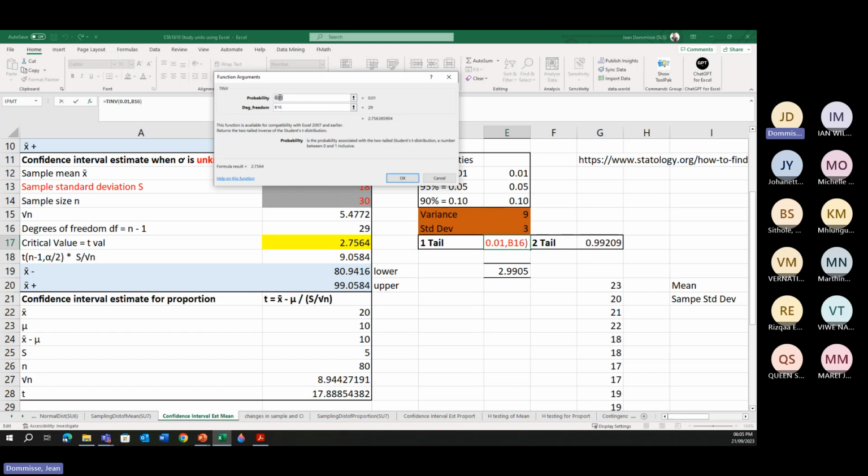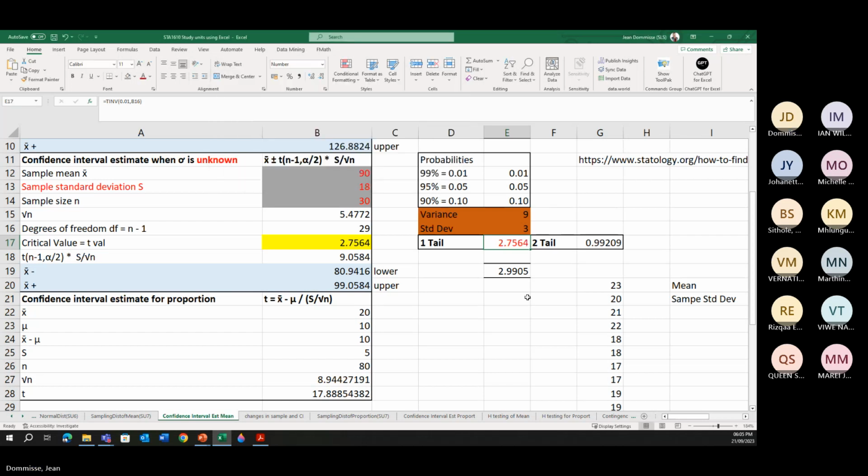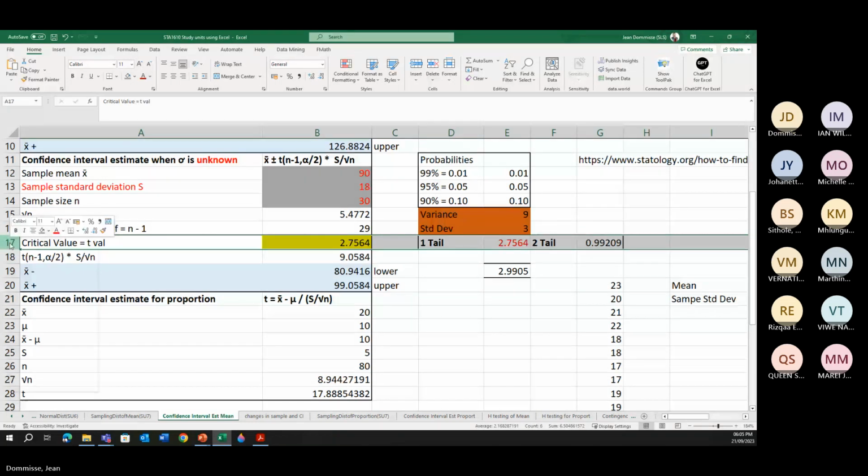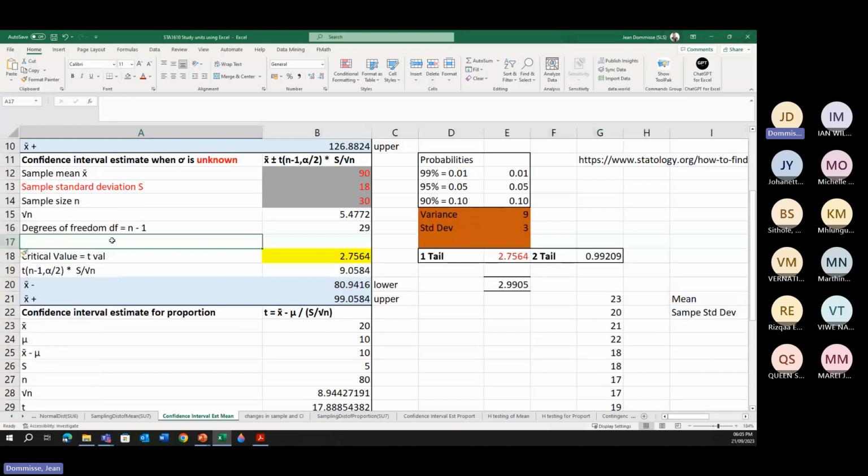So important when we work with this, and this is the difficulty with Excel sometimes, is you need to put the alpha in. So I'm gonna add here a column or row that includes alpha, because that was the 0.01.